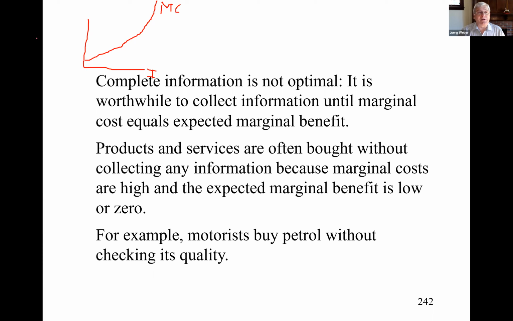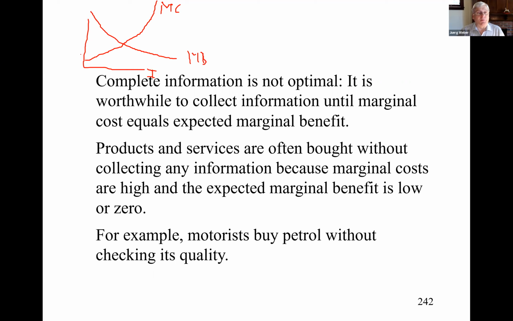The marginal benefits of information is usually assumed to fall. If you have more and more information, the additional information that you get may get less and less useful. So the marginal benefit of information falls. Well, that's a marginal benefit.